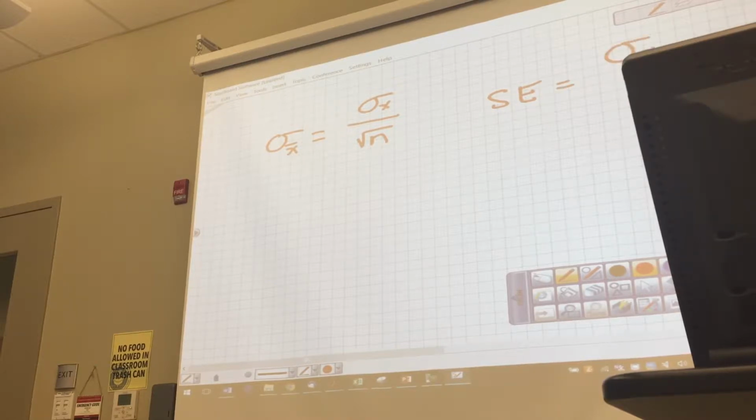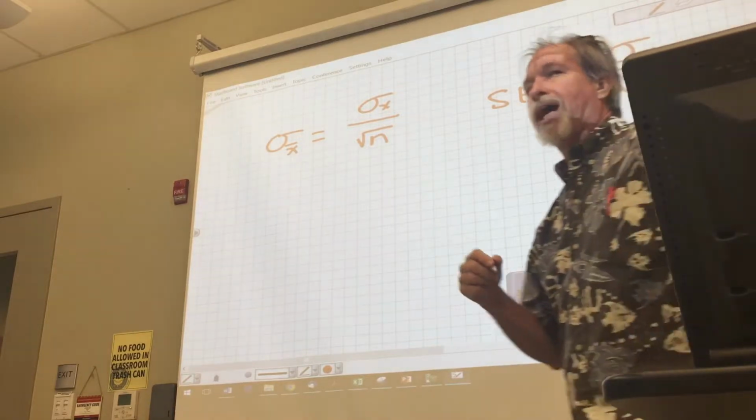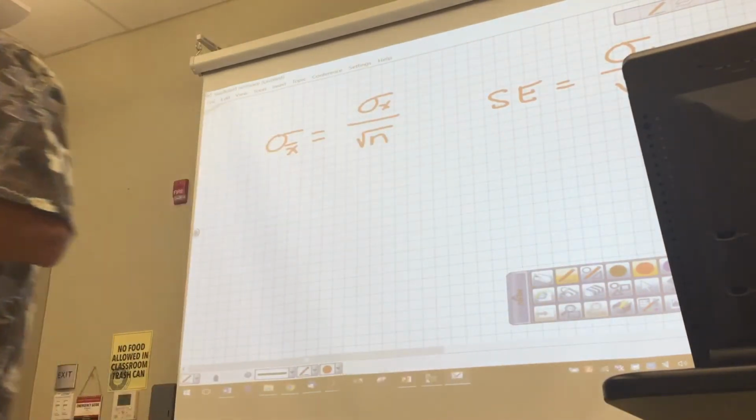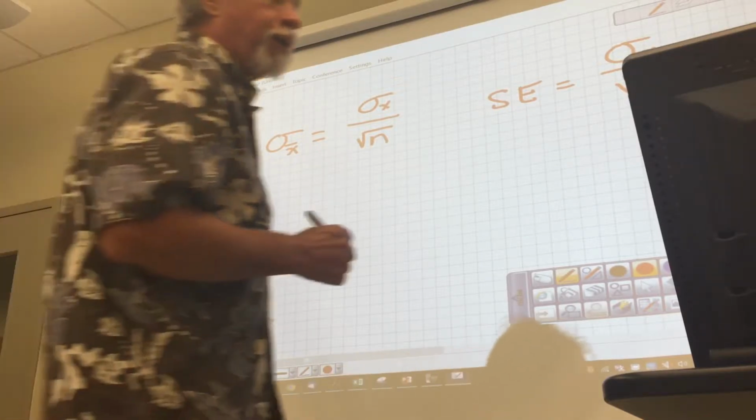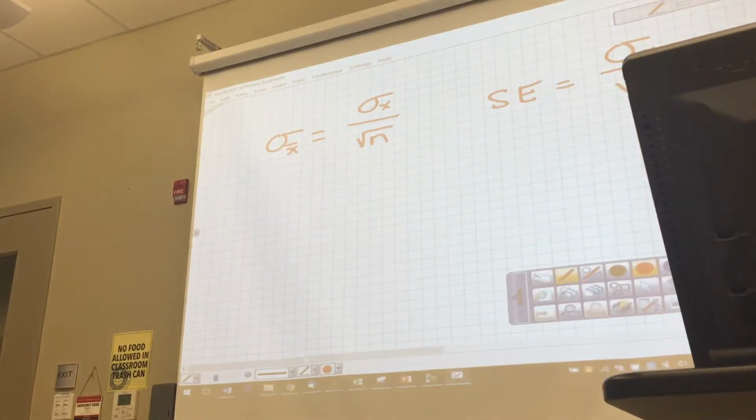You will learn that we use standard error in a lot of different situations, and standard error changes depending on what we're looking at. Now, if I don't know this, I have to use an estimate for this.